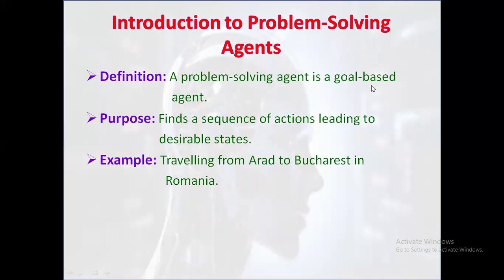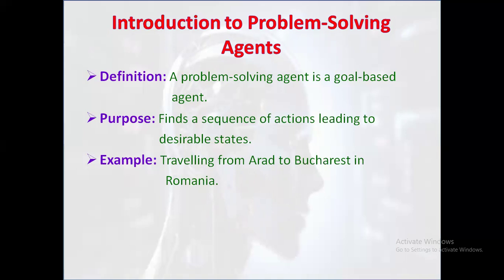It is a goal based agent. How can we explain it? A problem solving agent is a type of goal based agent that works by taking actions to transform its current state into a desired goal state. The agent's behavior is determined by the predefined goal and the rules that define how it can move through different states.